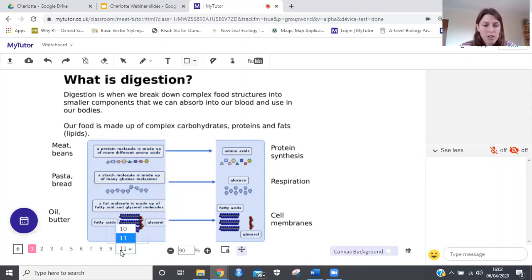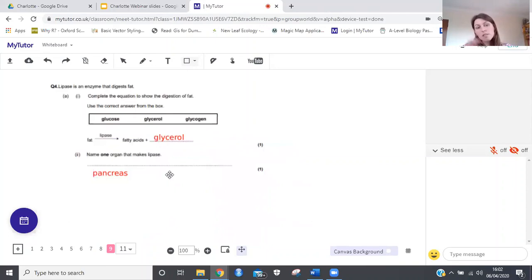And then the final one was glycogen. Glycogen is something different again. So glycogen is how glucose is stored in the body when we've got more than we need for respiration.